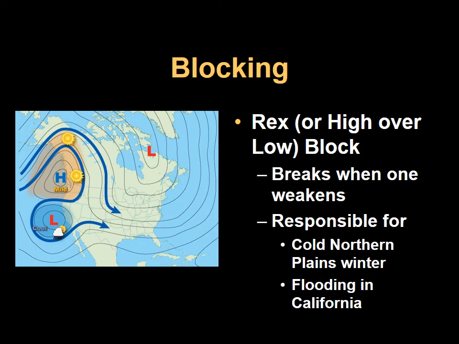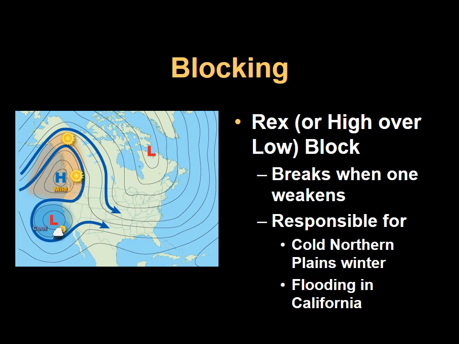The last type of blocking pattern that we'll talk about is the Rex block, or they also call it the high over low block. And this is represented by a strong high pressure system over a stronger low pressure system. And as a result, the wind flow is driven up into Canada. As it comes down the high, on the east side of the high, you get northerly flow.